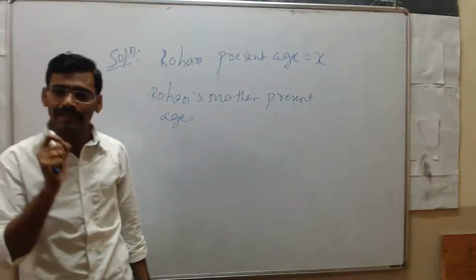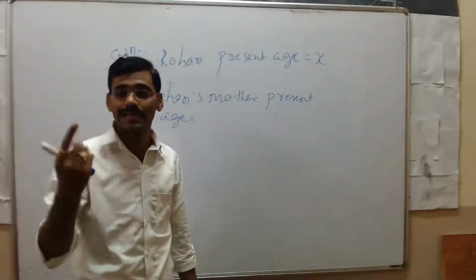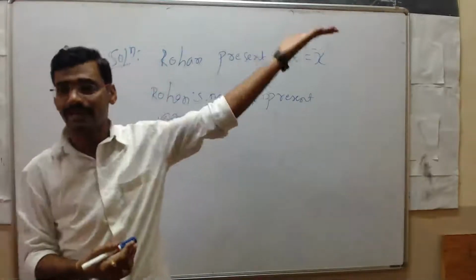Rohan's mother's age is 26 years older than him. Older means whatever your age is, she has 26 years more.